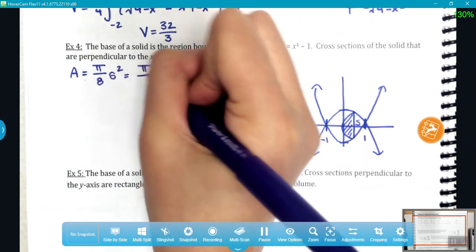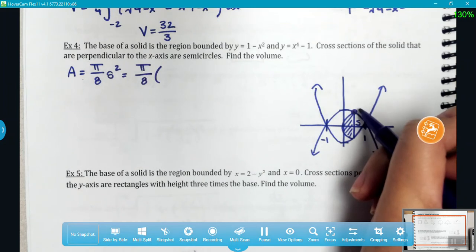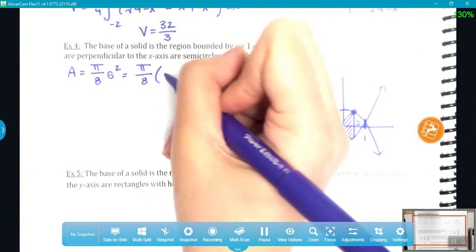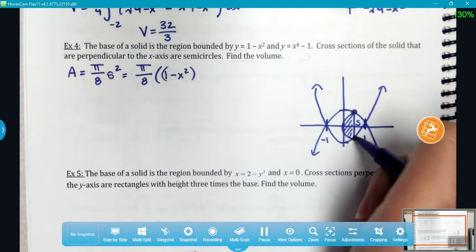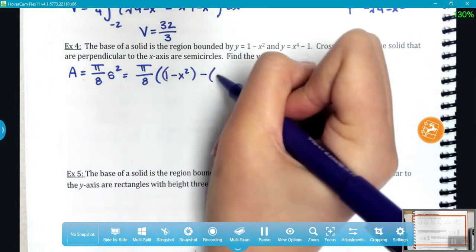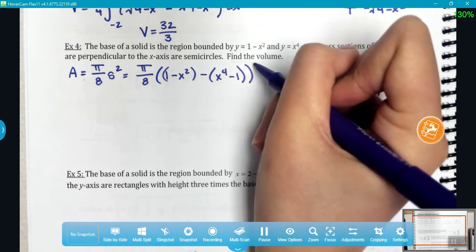S is top minus bottom. Top curve is 1 minus x squared. Bottom curve is (x to the 4th minus 1) all squared.